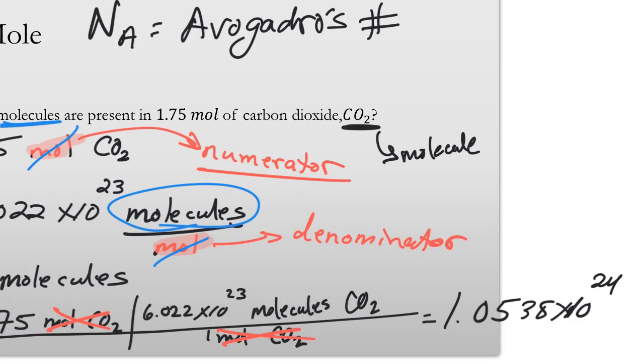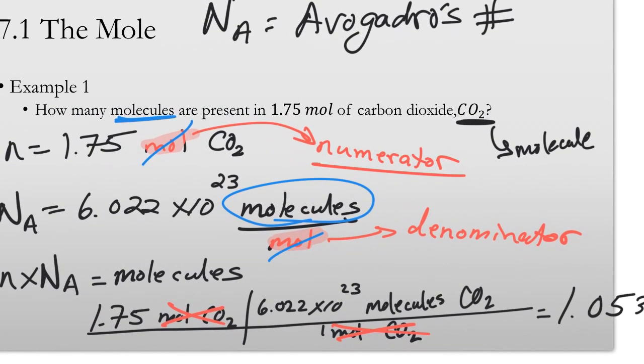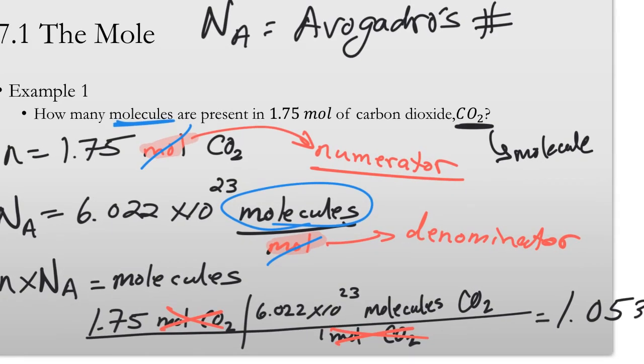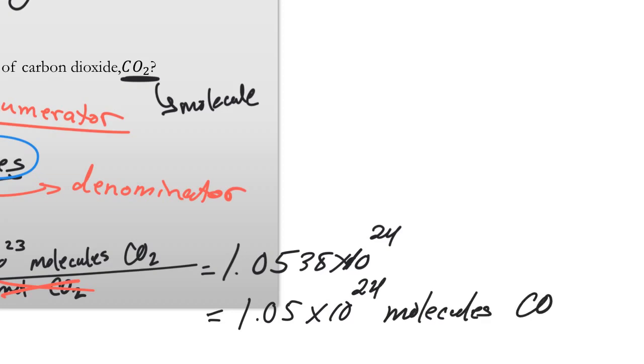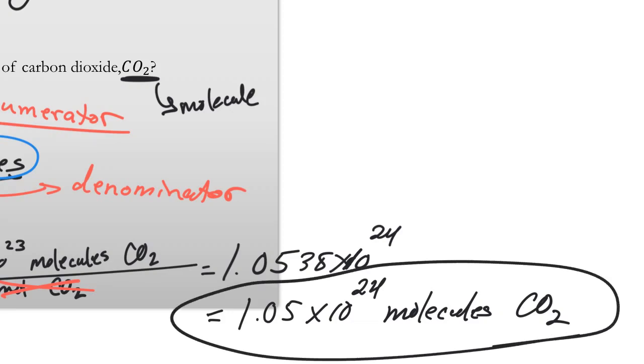And if we look at everything here, we've got 1.75, which has 3 significant figures. Avogadro's number has infinitely many, so our answer is going to be the 3 significant figures, which makes this 1.05 times 10 to the 24th molecules of CO2. It's a 5 there because the 3 next to it makes it round down.